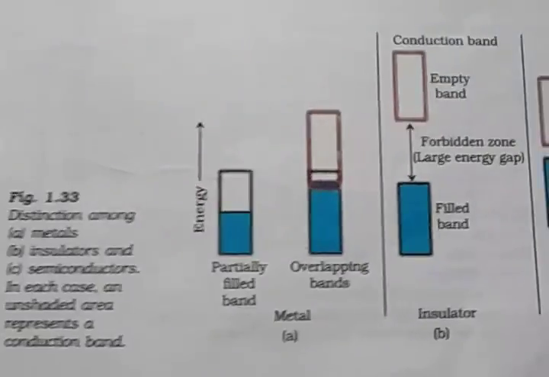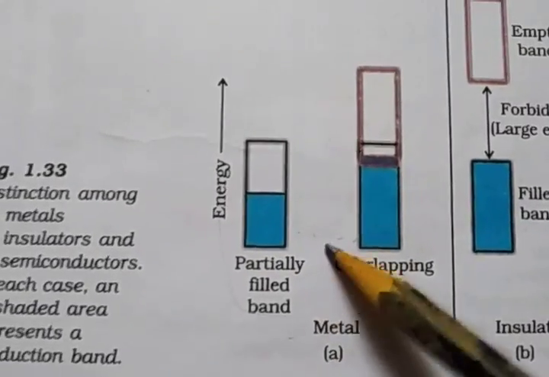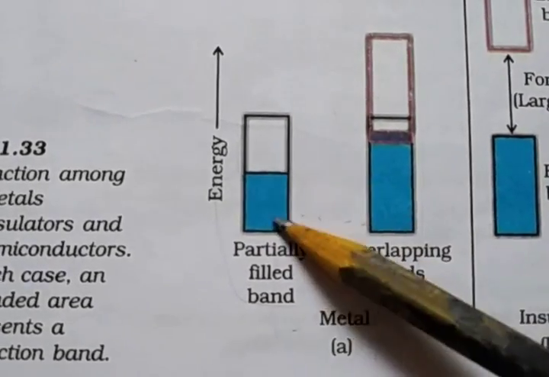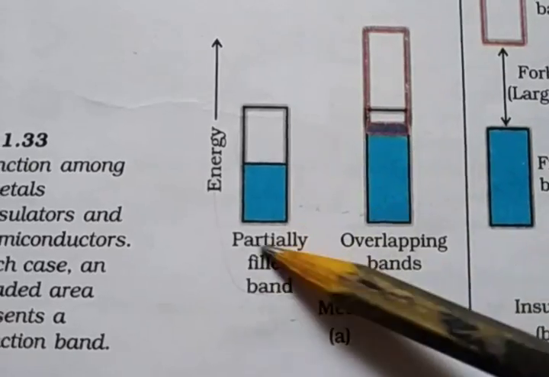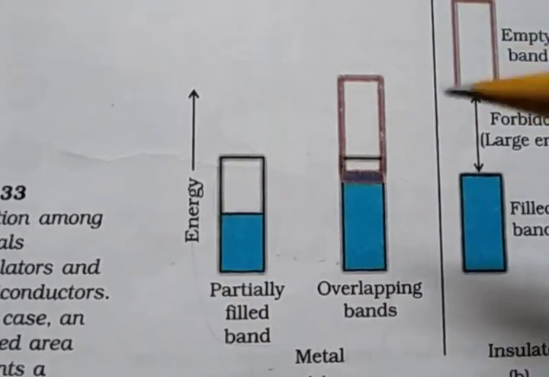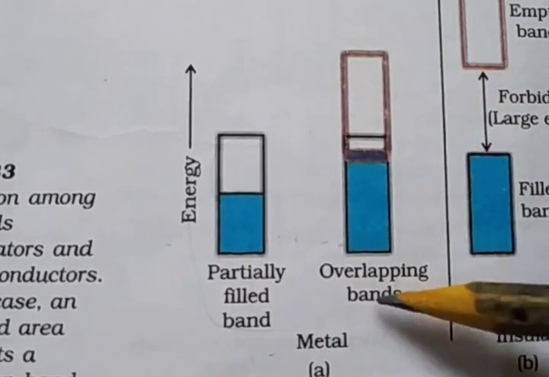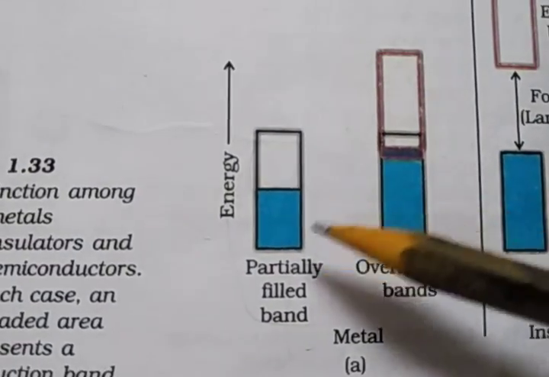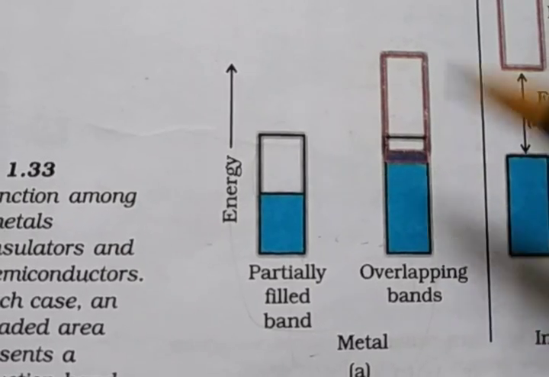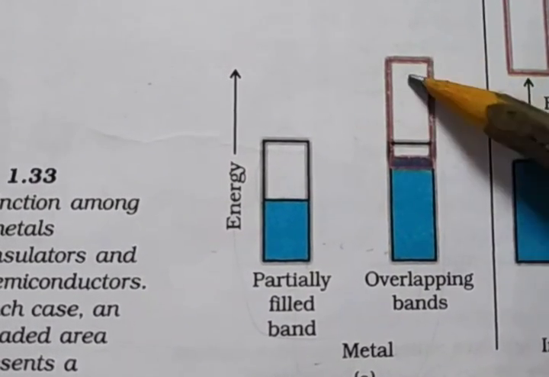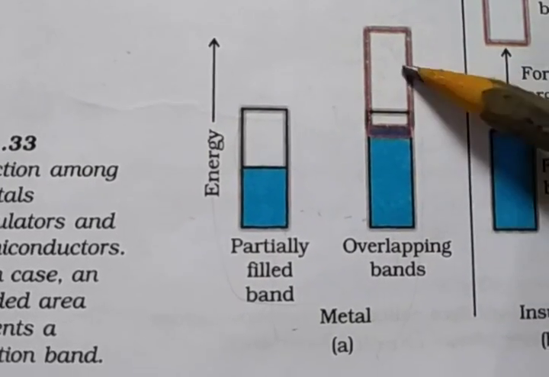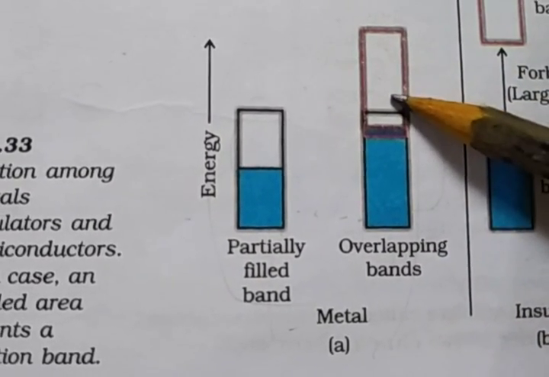If this band is partially filled, like here you see in metal, or it overlaps with a higher energy unoccupied conduction band, then electrons can flow easily under an applied electric field.